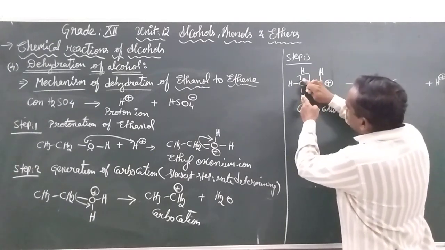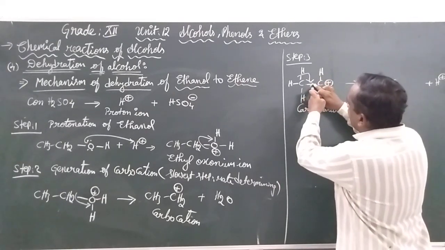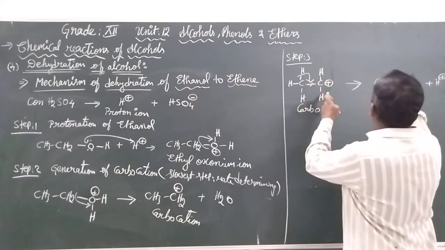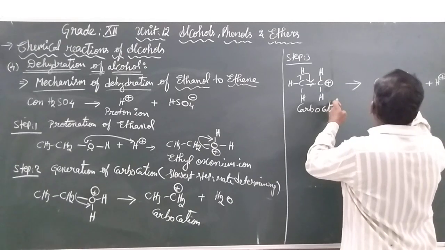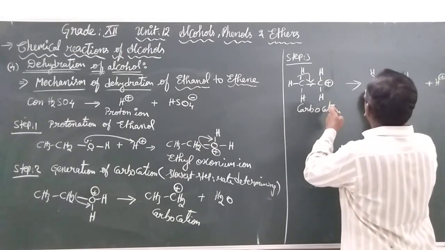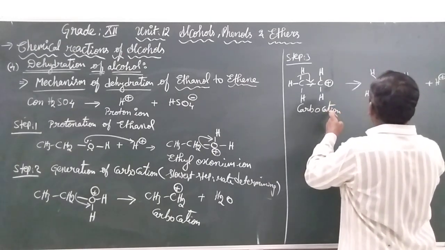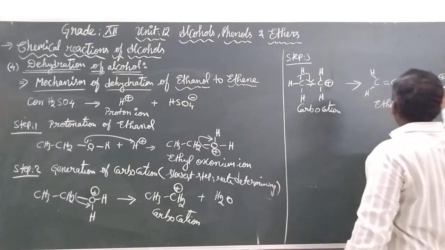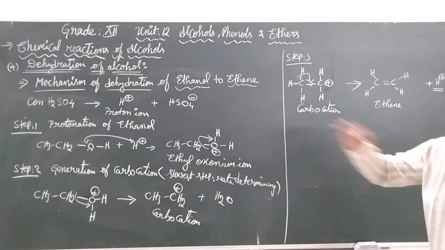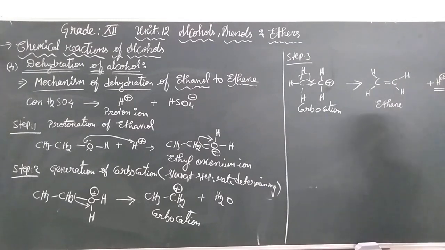These 2 electrons will be bonded between the 2 carbons forming a double bond, and each carbon has its hydrogens. So that is what we call ethene. The H plus that we had added initially was eliminated.